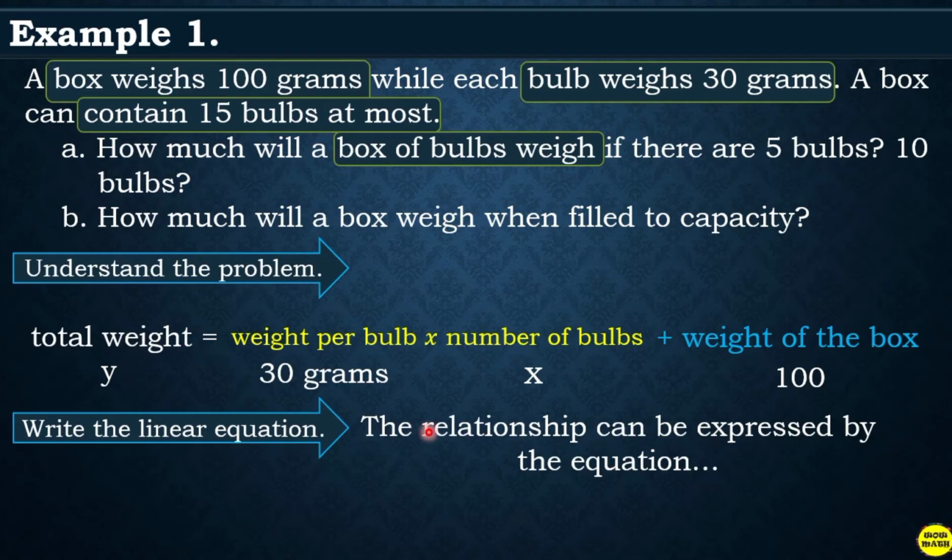So, the relationship can be expressed by the equation y is equal to 30x plus 100. So, y, yung total weight natin ay makukuha natin pag minultiply natin sa 30 yung bilang ng bulb, kasi for each bulb is 30, and then i-add natin yung weight ng box. So, that is the total weight, which is your y.